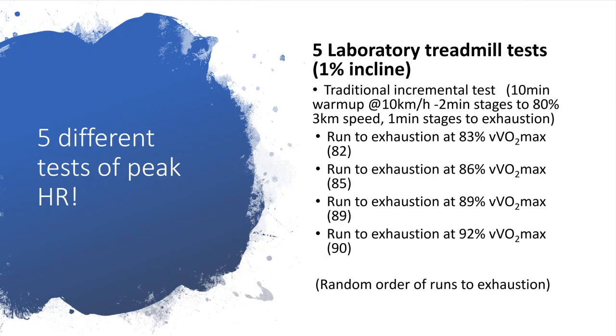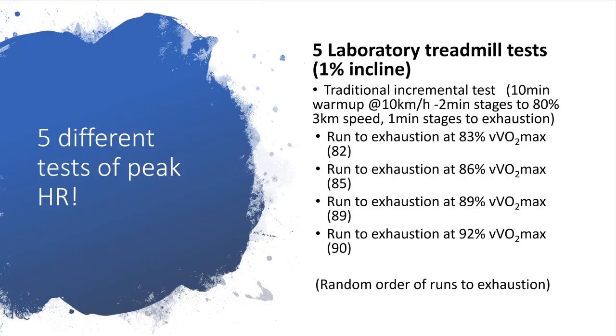And then after 10 minutes you start increasing, and they did increases 2 kilometers an hour every 2 minutes until they were at 80% of their 3 kilometer speed, their best 3,000 meter speed. And at that point, then the stages became 1 kilometer increments and 1 minute stages. So just a little bit slower climb to exhaustion. So that was the traditional incremental test.